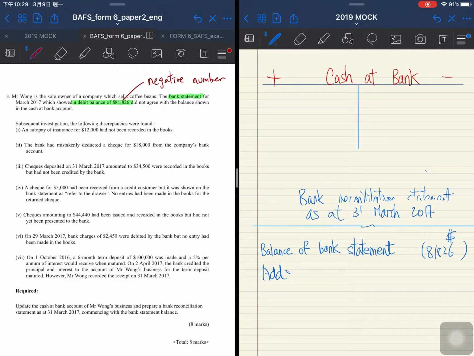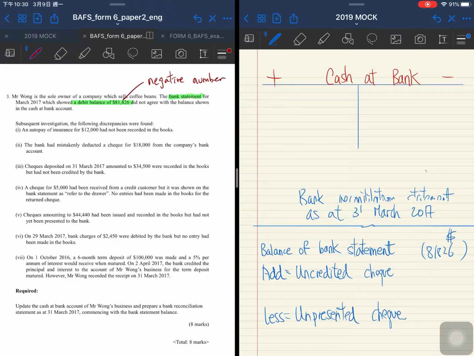That means we add the uncredited cheque and less the unpresented cheque.